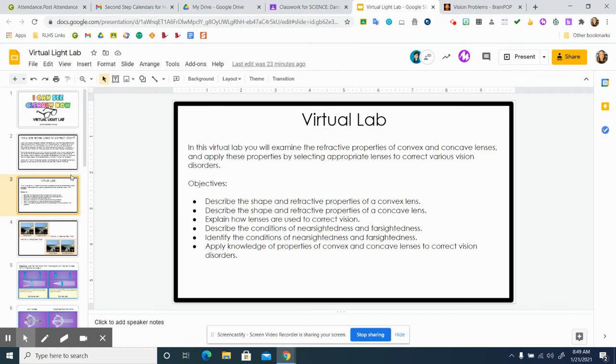So you are essentially becoming an optometrist where you are looking at 6 different patients and diagnosing what their vision problems are based on what they're able to see.